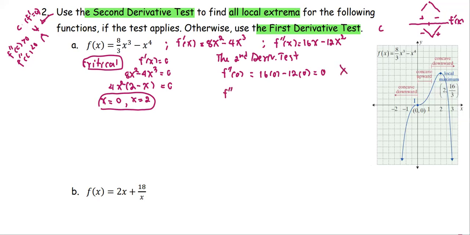Next, f double prime at 2 equals 16 times 2 minus 12 times 2 squared, which is 32 minus 12 times 4, which is 48. The sign comes out to be less than 0. If it is less than 0, the graph opens down, like a frown. So the point x equals 2 will give you the local maximum.